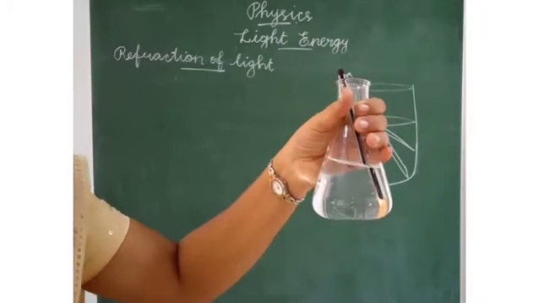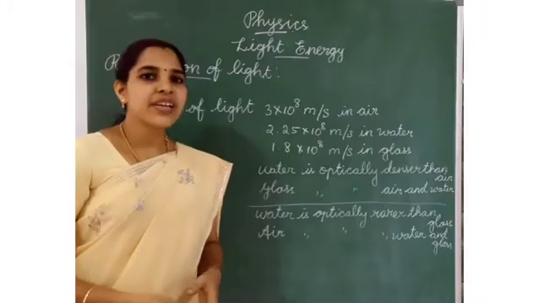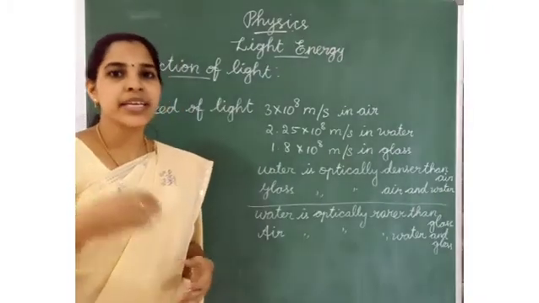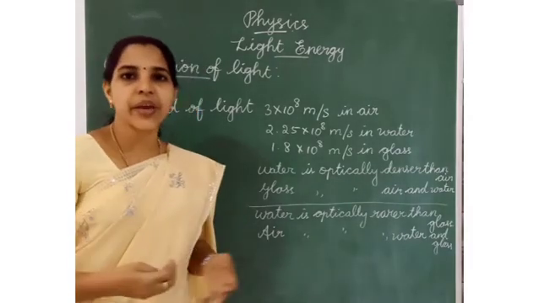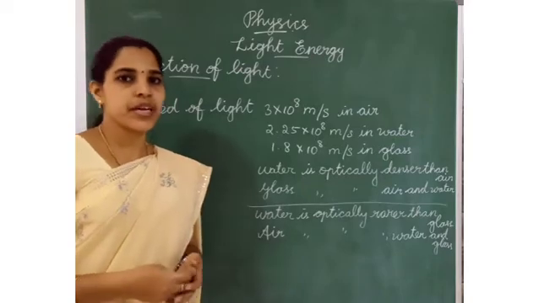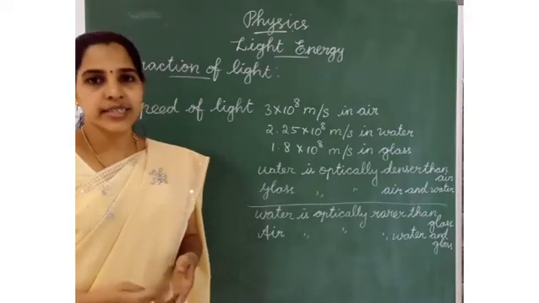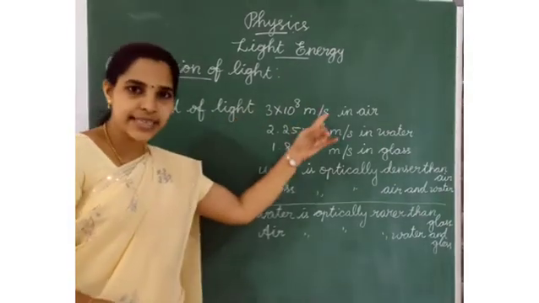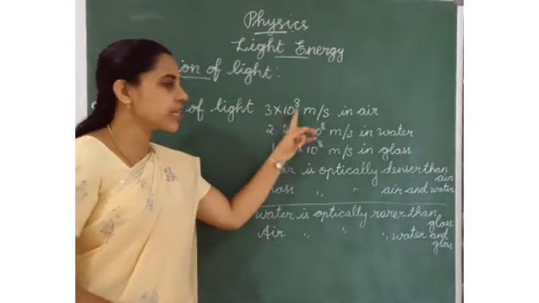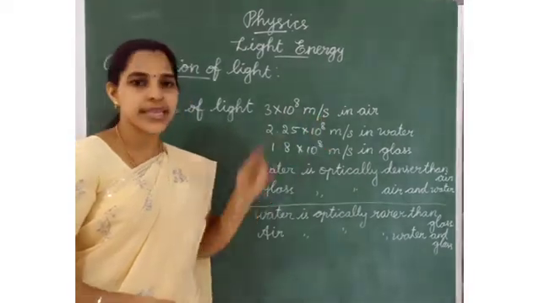This is called refraction. Light travels with different speeds in different media, for example air, water and glass. The speed of light in air is 3 into 10 power 8 meter per second.